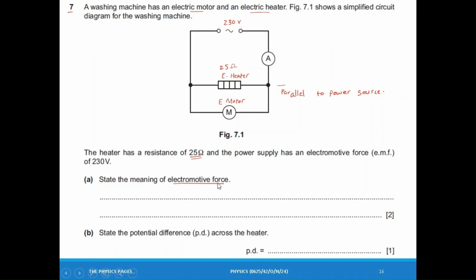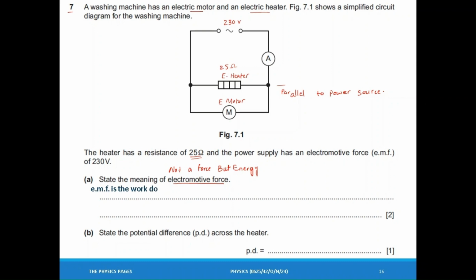First things first, electromotive force is not a force. It's the energy provided by the battery or the power source. So, electromotive force is the energy provided by the battery to a unit positive charge, or simply a unit charge, when it moves through the circuit.